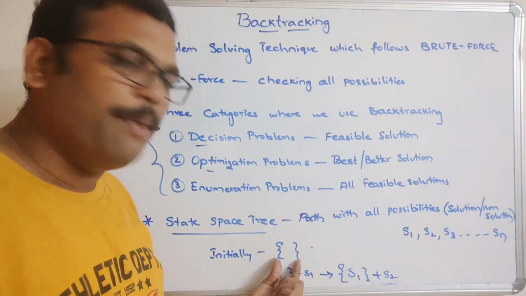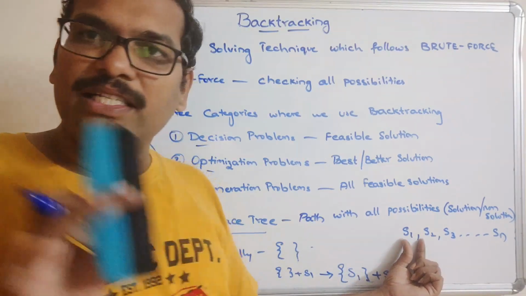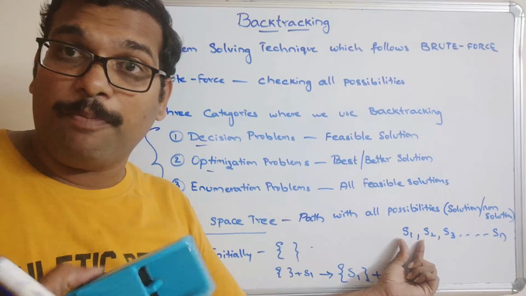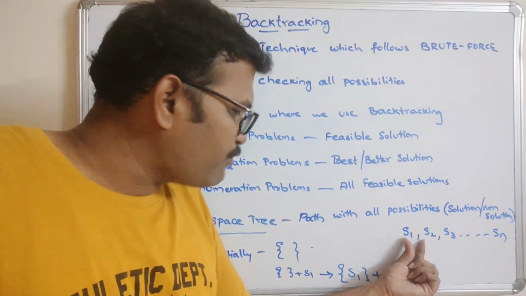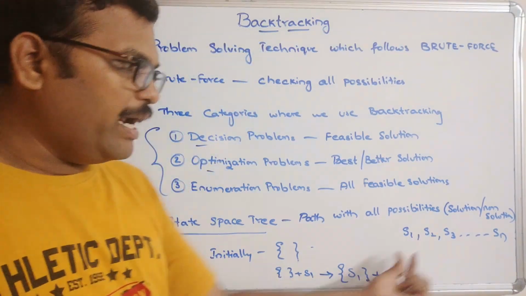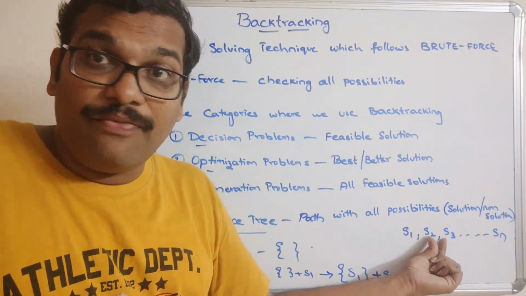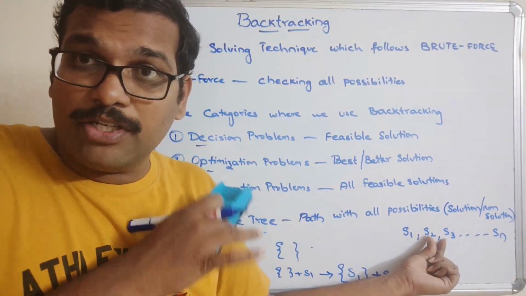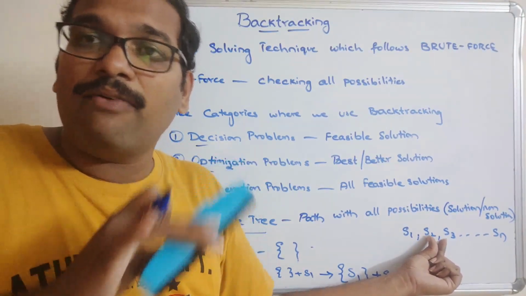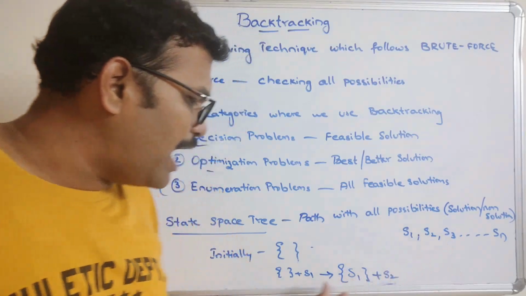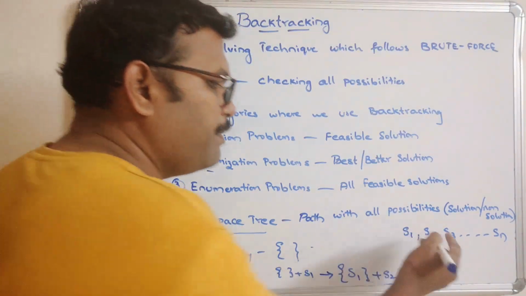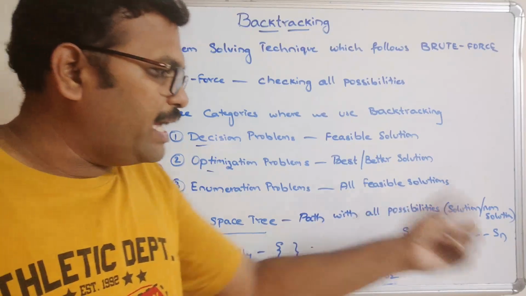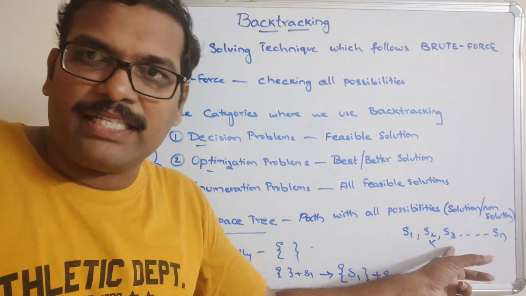So the initial set is an empty set. If S1 is a feasible solution, based upon our constraints, S1 will be inserted into the set. And coming to the second solution, if it is not feasible, if it doesn't meet our constraints, then S2 can't be inserted here, so we can simply avoid this S2. Then S3, the next solution.